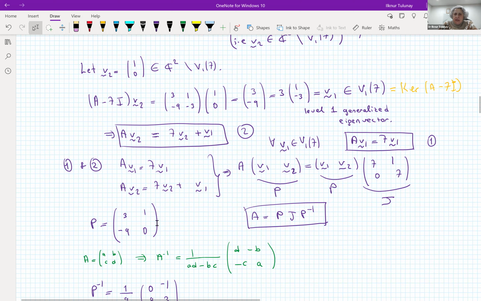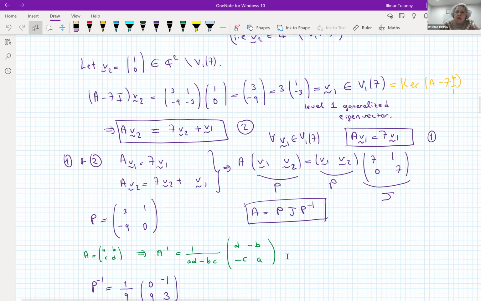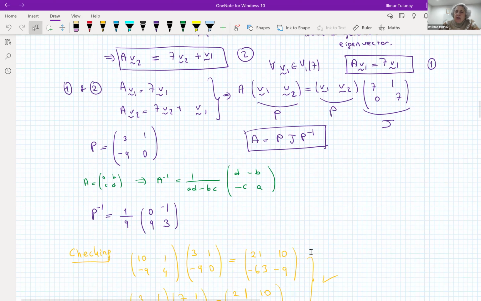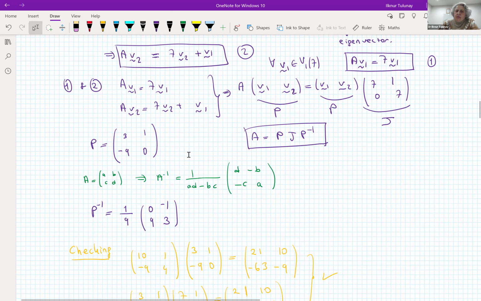The P matrix here, as we've done, is 3, minus 9. This is V1, and this is V2, right? This is V2, this is V1. This is the P matrix. Since it's a 2 by 2 matrix, it is easy to calculate the inverse. This green part here gives you the formula for the inverse, P inverse.